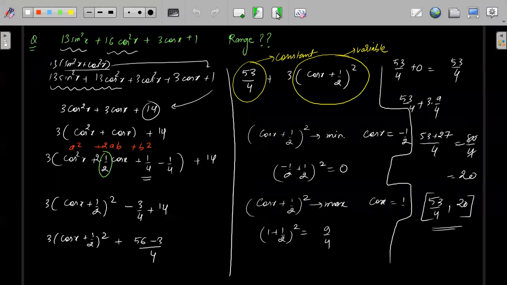If you're still there, this value, if I'm trying to find out the maximum value, then what happens?